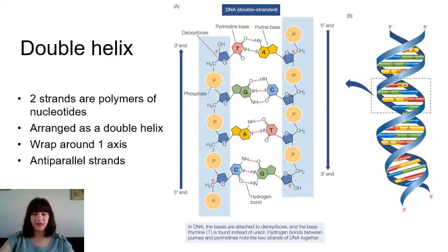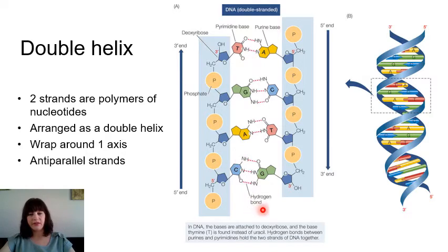The last thing I want to point out is the type of bonds that we have here. The bonds that attach one nucleotide to another, those phosphodiester bonds, are covalent bonds. What about these bonds down the center that are involved in the complementary pairing?